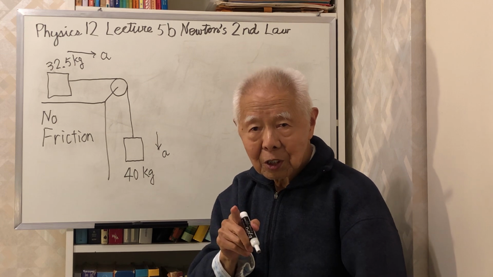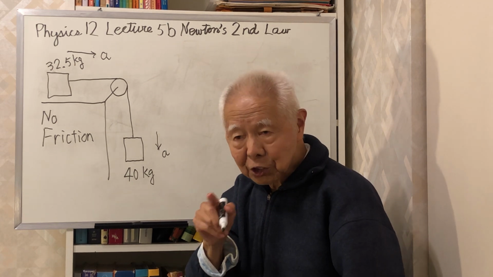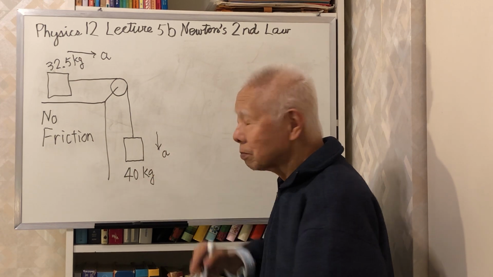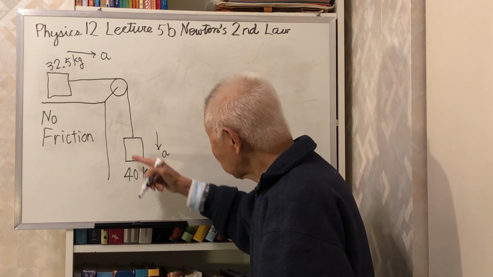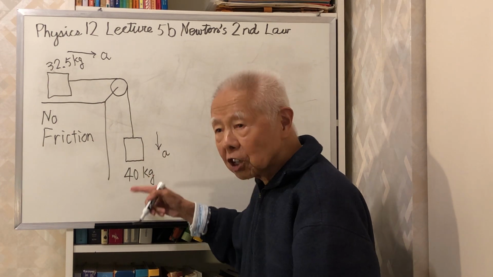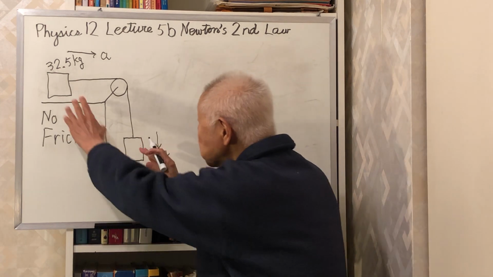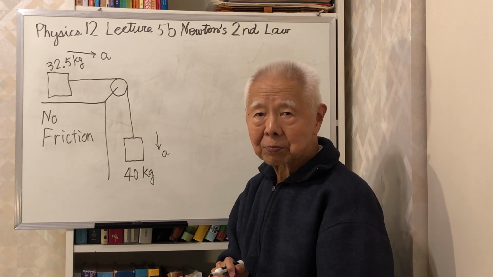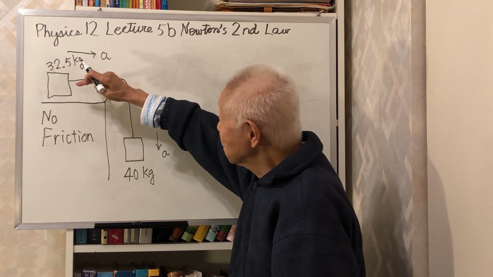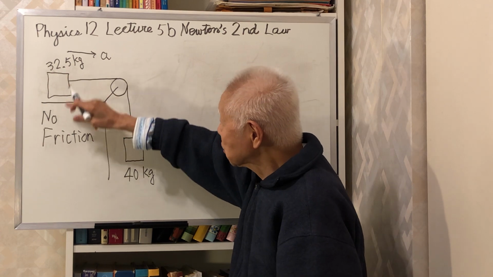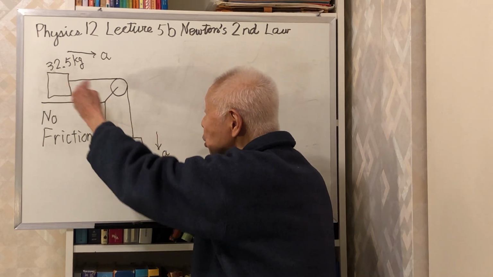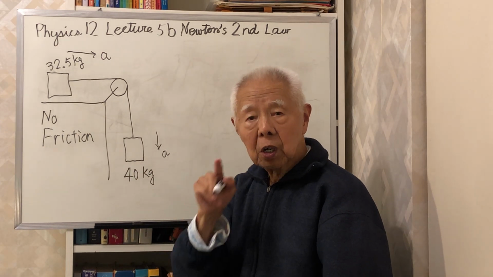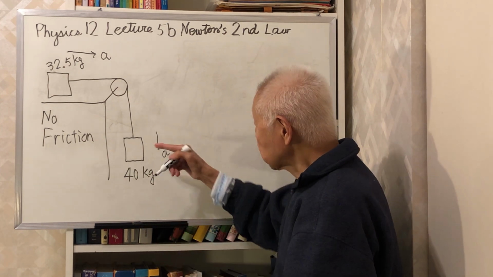The force which causes the motion is just the force of gravity of this block. This force of gravity is the external force on the system. Tension is the internal force. Of course, there is external force of this gravity, but this external force does not cause this to move this way. So the only force which causes the motion of the system is the force of gravity.